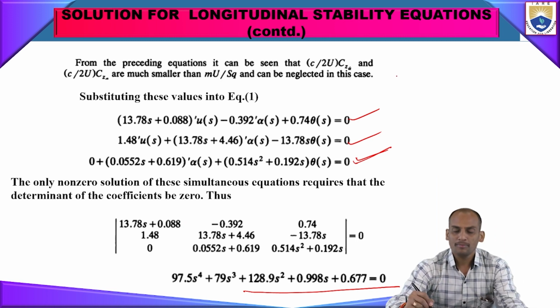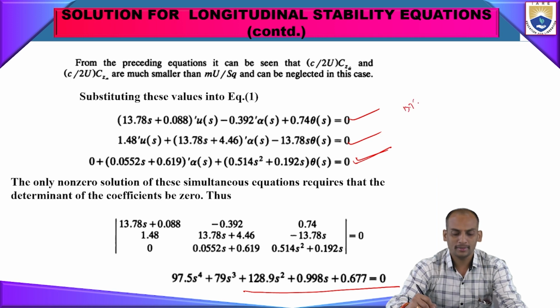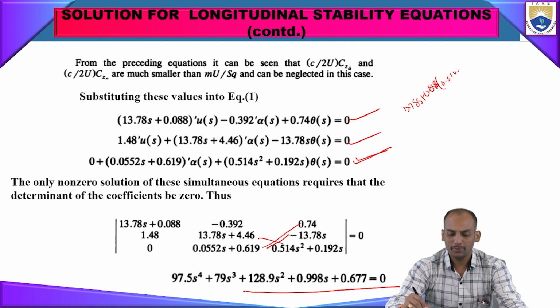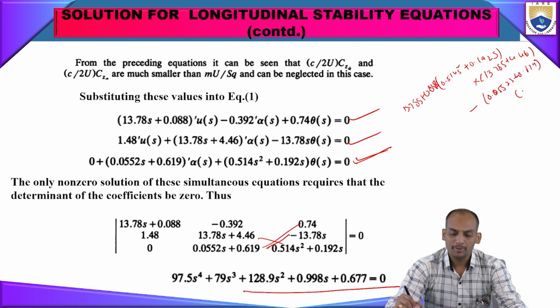That will be: the first one will be 13.78 s plus 0.088 into, so this into this one. If you see, it will be 0.514 s square plus 0.192 s, into 13.78 s plus 4.46, minus of 0.0552 s plus 0.619 into minus 13.78 s.